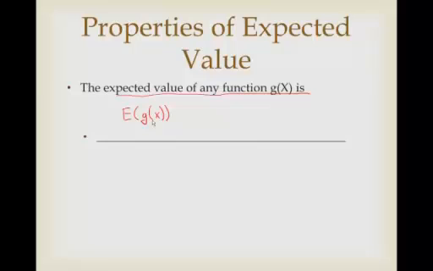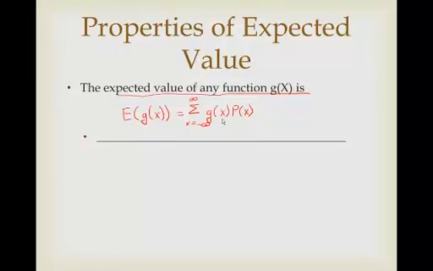Well, we're probably going to take that function at a particular x, figure out the probability of that function at x, multiply them together, and do that for the whole gamut of possible values, and add them all together. That's pretty much just what we did before, where we had an x there instead of a g of x, but it's the same essential idea.